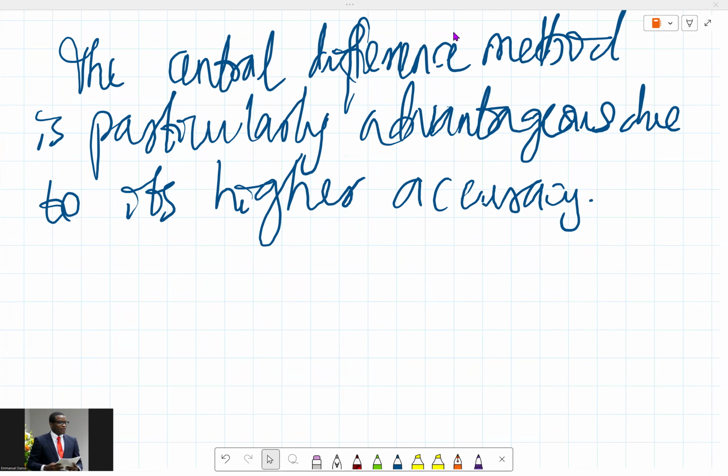Let me see if I'm able to quickly come up with a table because it's actually used for discrete data. Okay, table for the finite difference method, numerical differentiation.